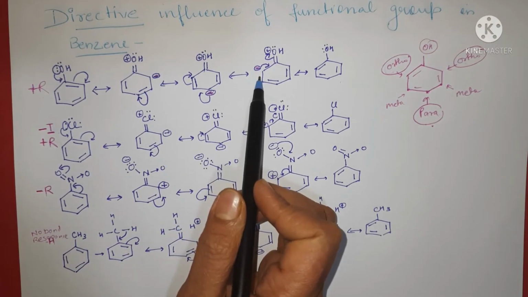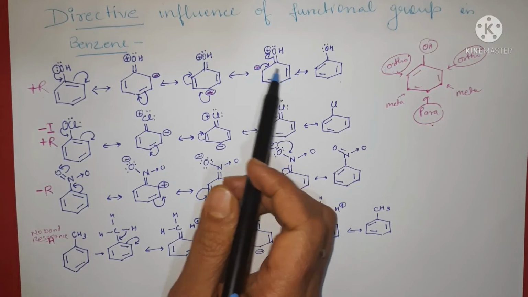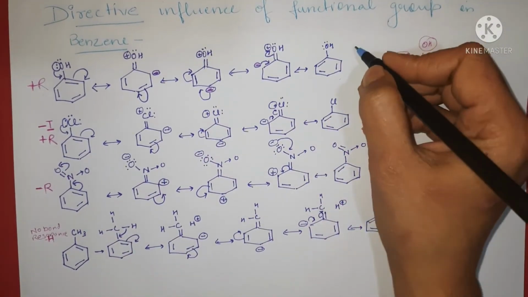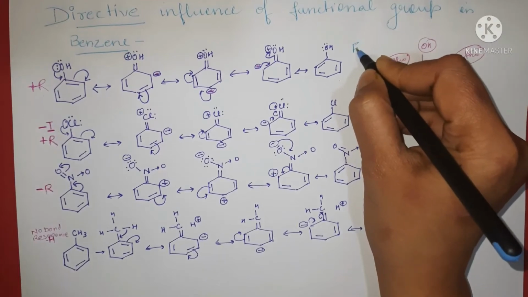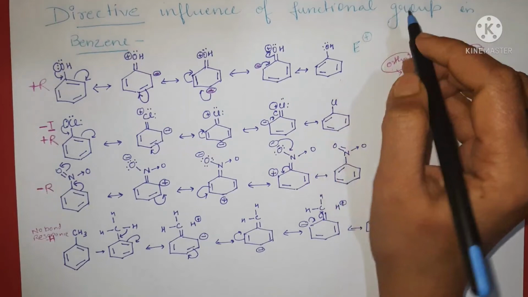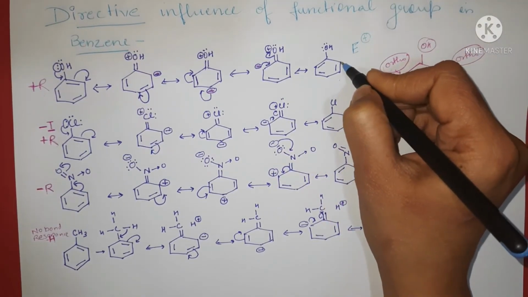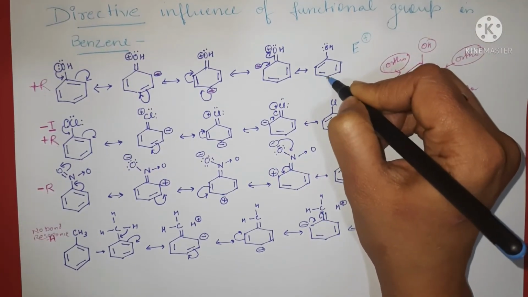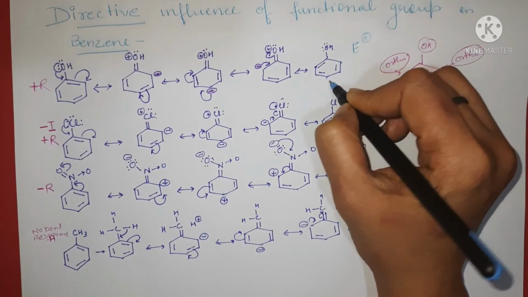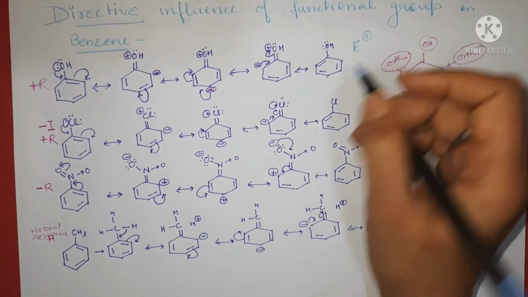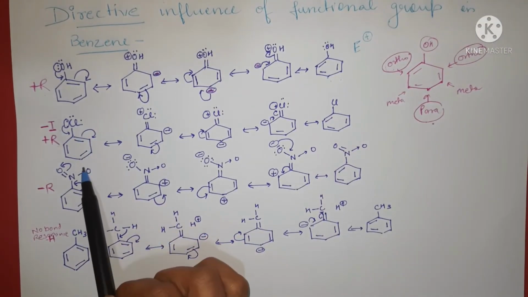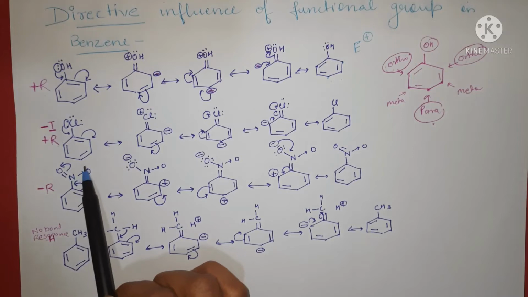So if any of the electrophile is going to attack on this phenol, it can easily attack on what all positions? On the ortho position, and can attack on para position, because the electron density is more on ortho and para position.